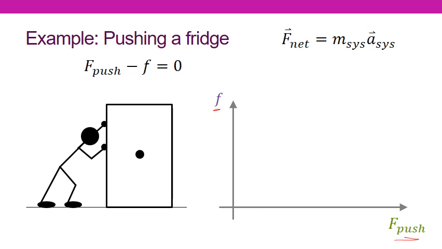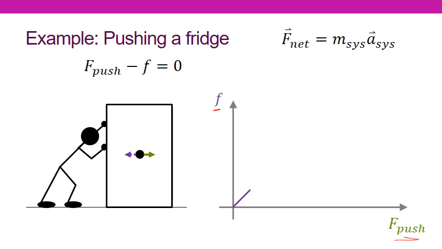So as I increase my pushing force, what's going to happen to my force of friction? You'll notice that when my fridge is not accelerating, my acceleration must be 0, and so these two forces must be equal. That means that when I'm not pushing at all, my frictional force must be 0. If I start pushing a little bit, my frictional force will go up immediately the same amount.